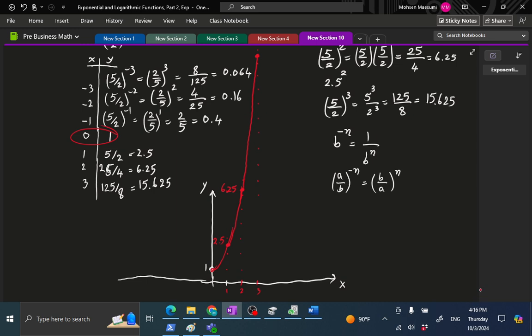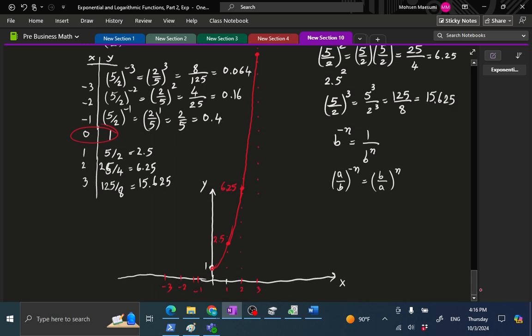How about on the negative side? Let's say -1, -2, -3. At -1 we are at 0.4, so it's going to be low here. The next one is much lower, and the next one is barely perceptible above the x-axis. So on this side, you have a picture that looks like this. When you go up like this, this is referred to as exponential growth.